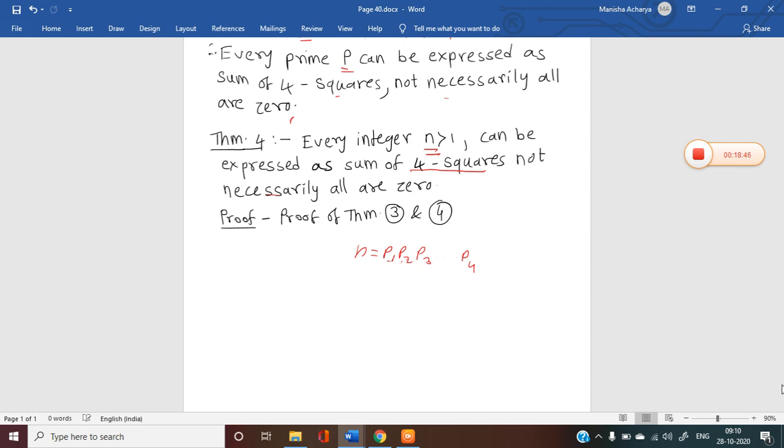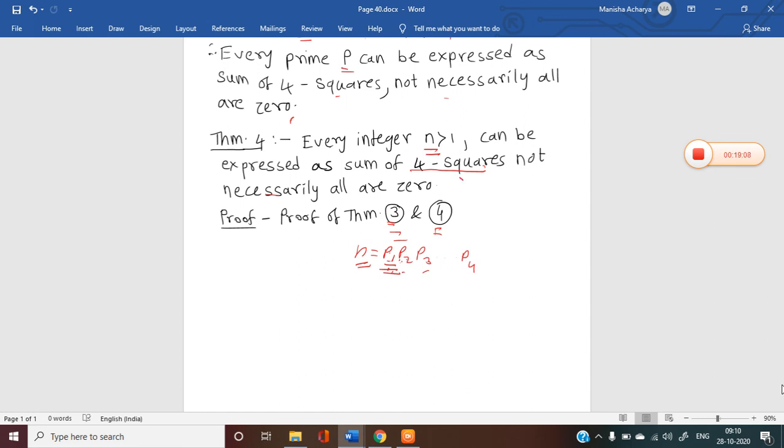And then by theorem 3, that is by Euler's theorem, we know that if we have the product of two values where each value is a sum of 4 squares, then that product also can be expressed as sum of 4 squares. So using theorems 3 and 4, inductively we can get that every integer n can be expressed as sum of 4 squares, not necessarily all are 0.